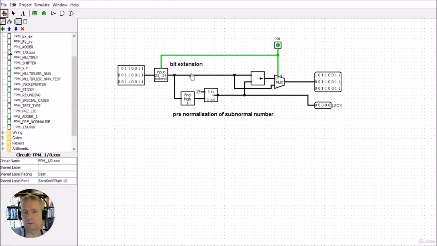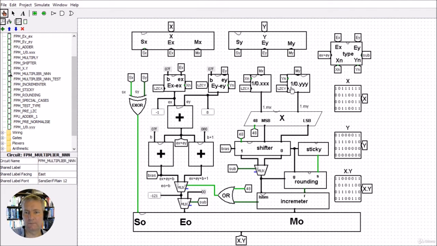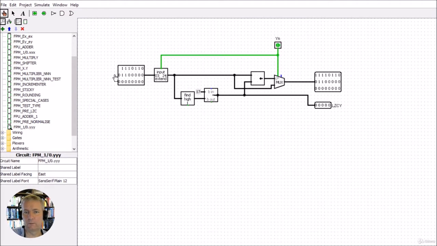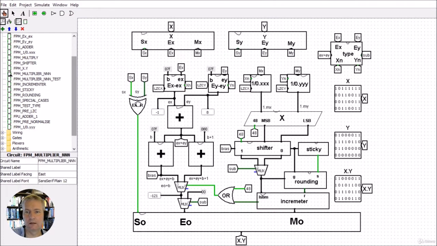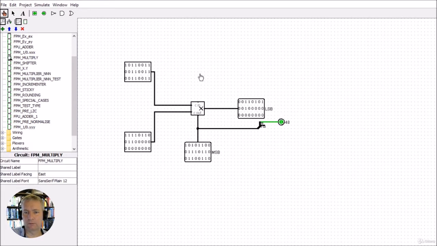So it's a simple route down through, out here and out there, and it just puts a value of 1 and a 24th bit, and you can see that happening here. And of course we get exactly the same for the y value, and we get a 1 appended at the front here at the y value. We then head down into the multiplier, and the multiplier is exactly the same, there's no change in that.